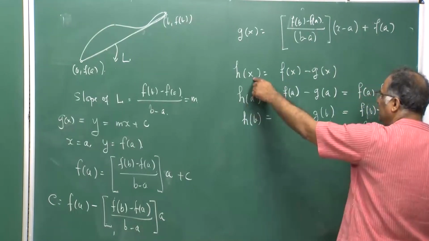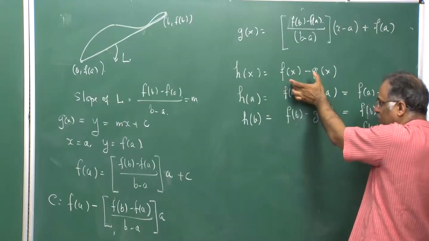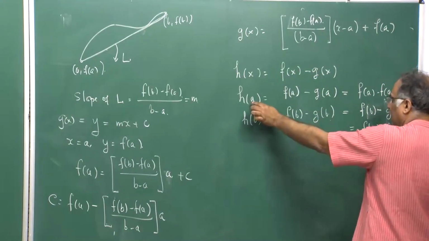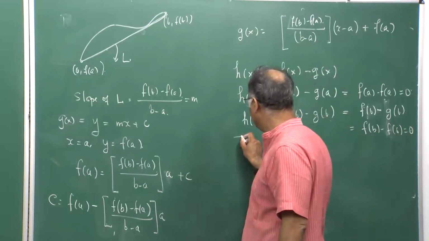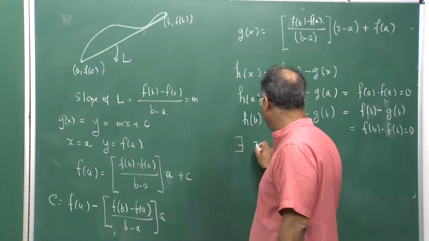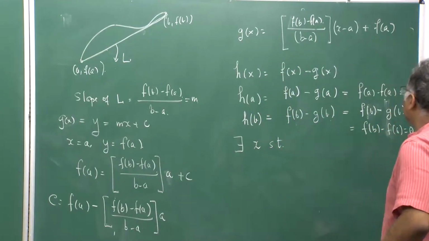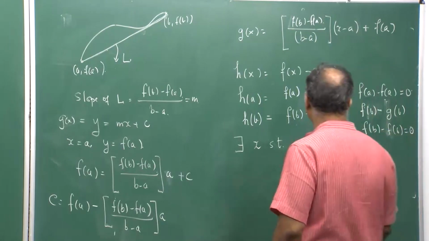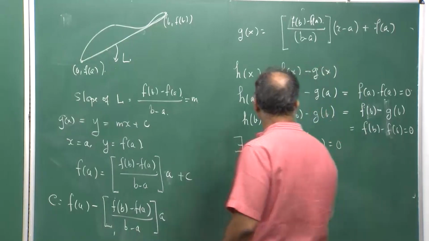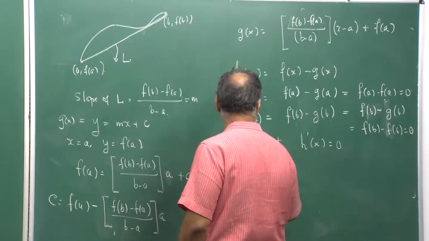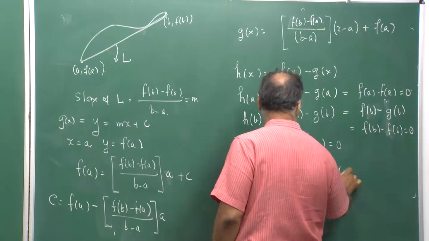So now h is a function which has continuity over the closed interval, differentiability over the open interval, and h(a) is equal to h(b) equal to 0. Which means there exists x such that h dash x is equal to 0. What is h dash x? h dash x is equal to f dash x minus g dash x.